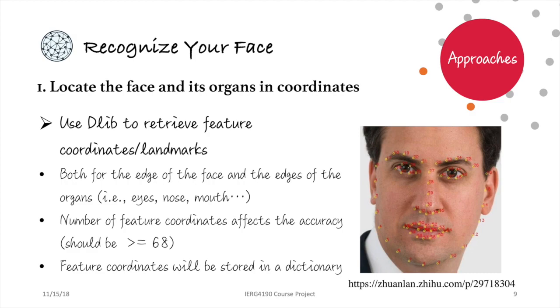We should do this for both the edge of the face and the edges of the organs. The number of feature coordinates we choose will affect the accuracy we get, and the number should be greater than or equal to 68. These feature coordinates will be stored in a dictionary for further use. The picture on the right shows us how these coordinates lie on the face.